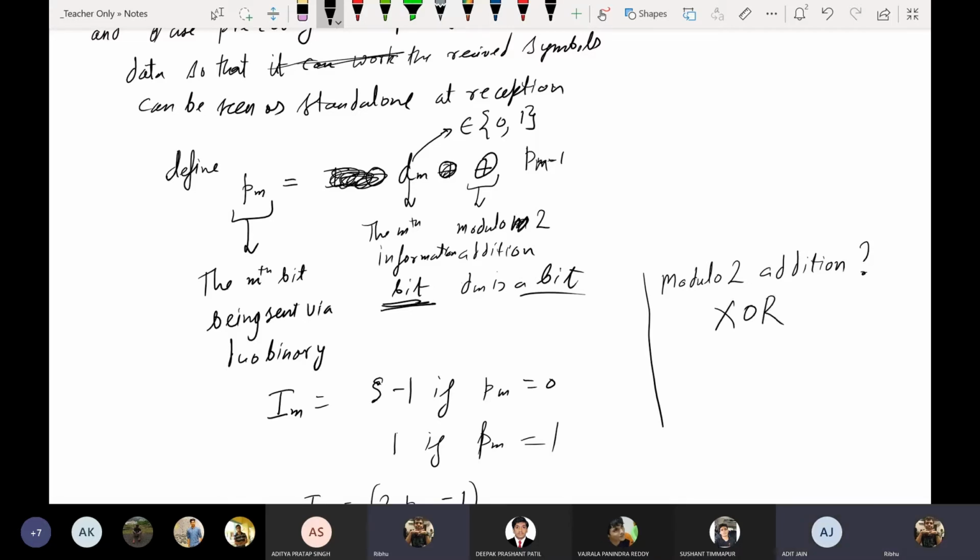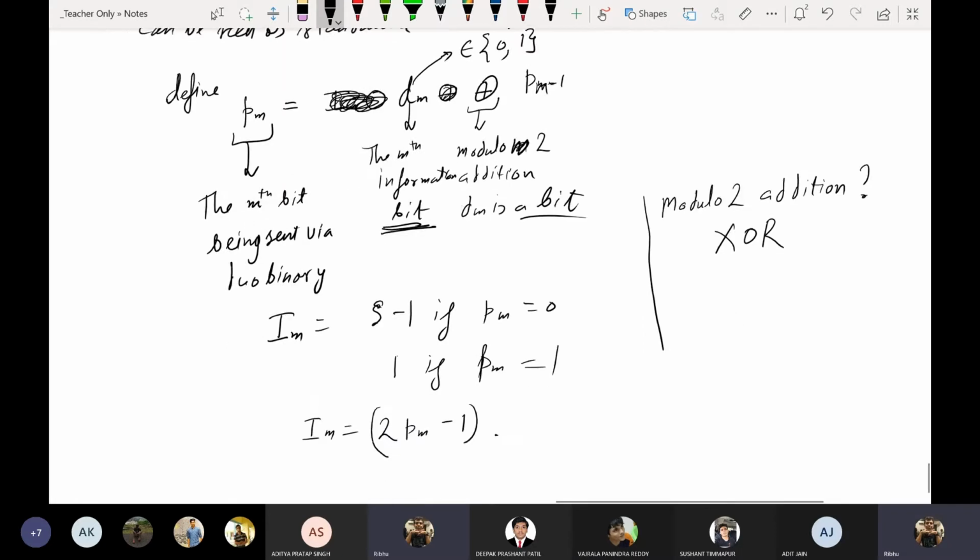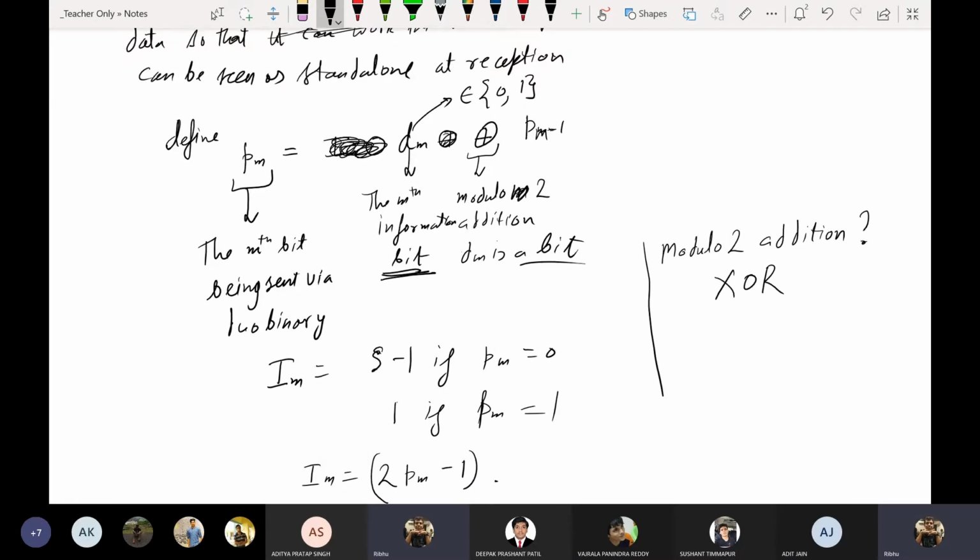Fine. Isn't it the XOR operation? Oh, you haven't done coding or Galois fields in information theory.